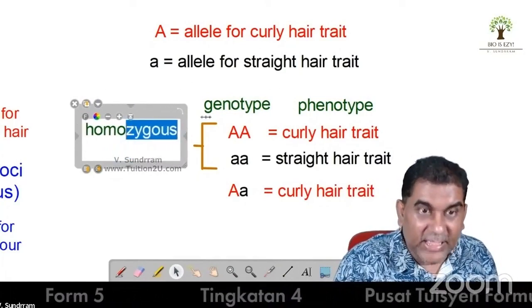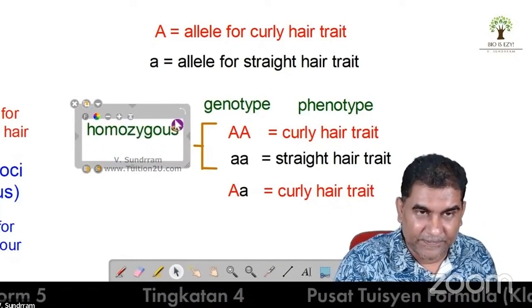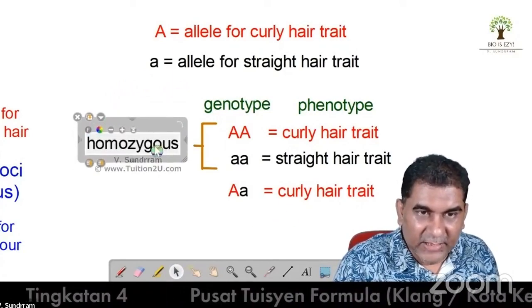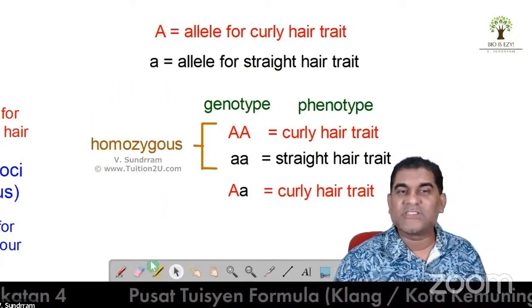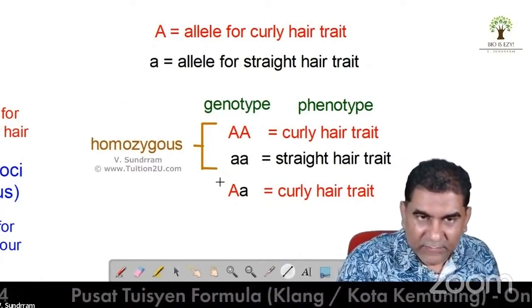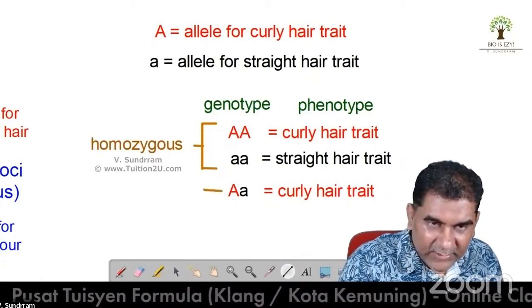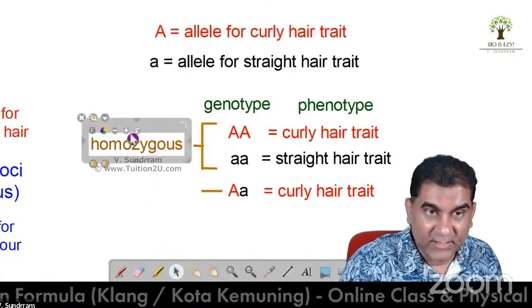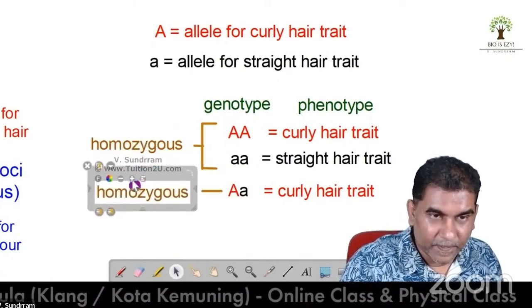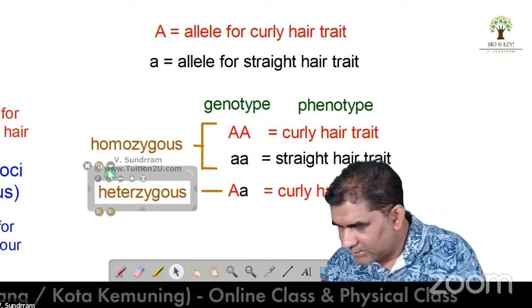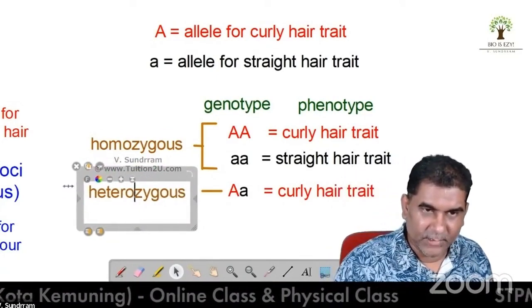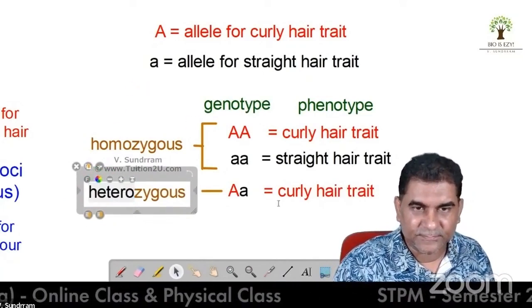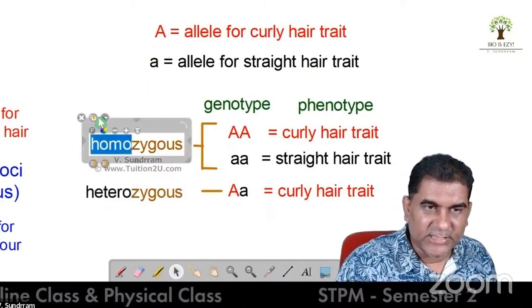Homozygous means the alleles are the same. Change this to brown color. If the alleles are the same, homozygous. If the alleles are different, you call them heterozygous. Hetero means different. Homo means same.